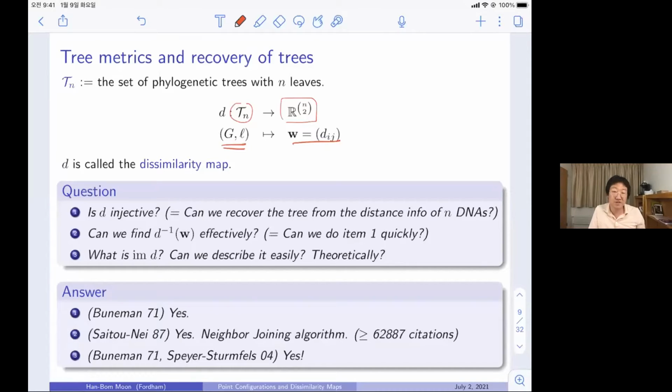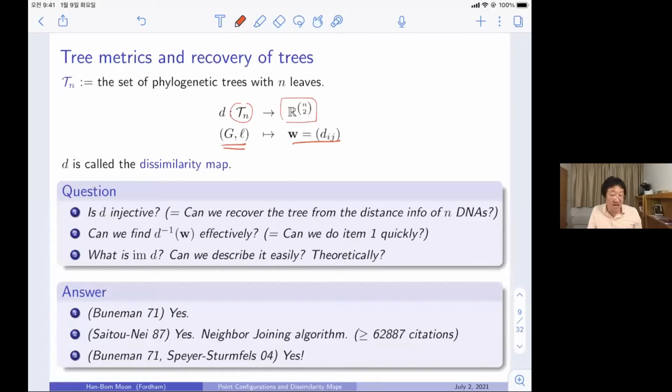All of these questions were very important and central in the late 20th century and early 21st century. I would like to say that the answers for these questions are already very well known. For instance, in 1971, the combinatorist Buneman answered the first question: yes. So there is only one way to recover the tree, theoretically.